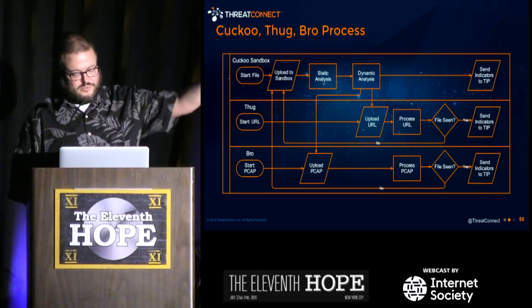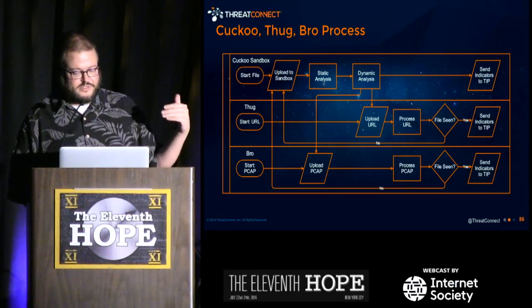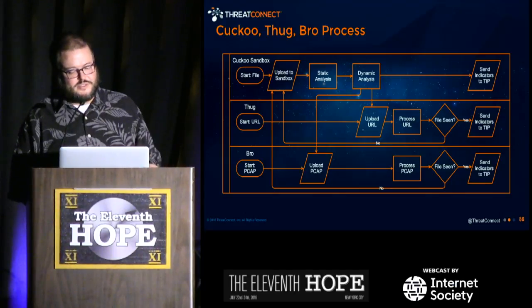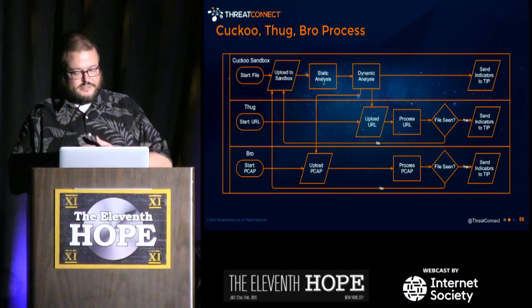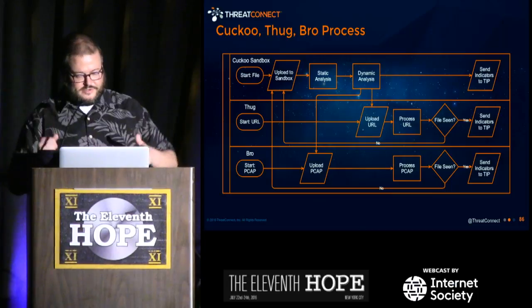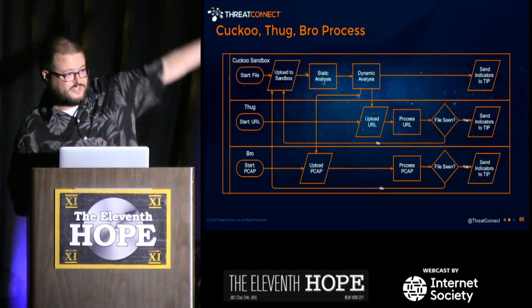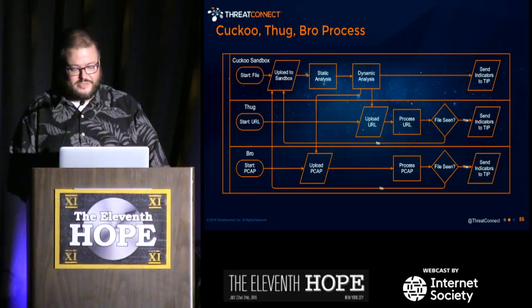You have Bro that will process PCAP that comes out of Cuckoo. And if you have seen the file before, you say yes and send your data to your TIP. If you haven't seen the file before, you go back to the top and throw it into the top of the hopper.